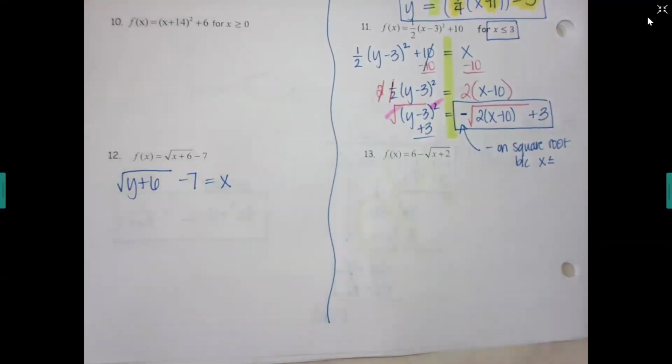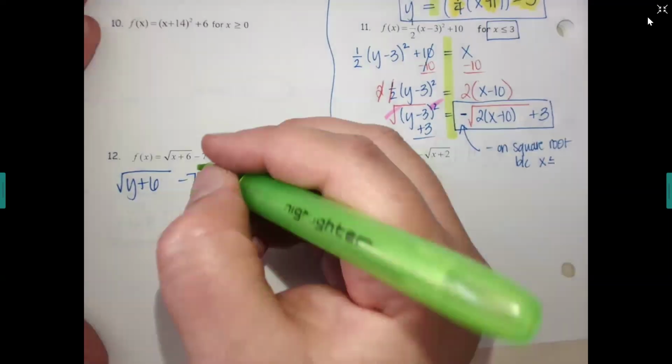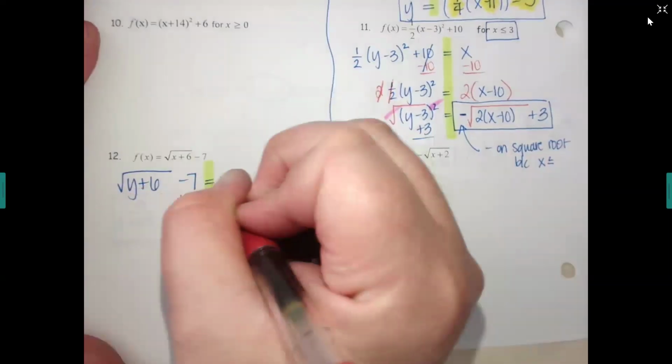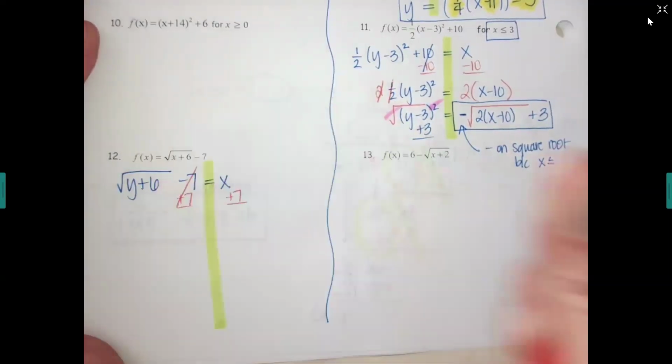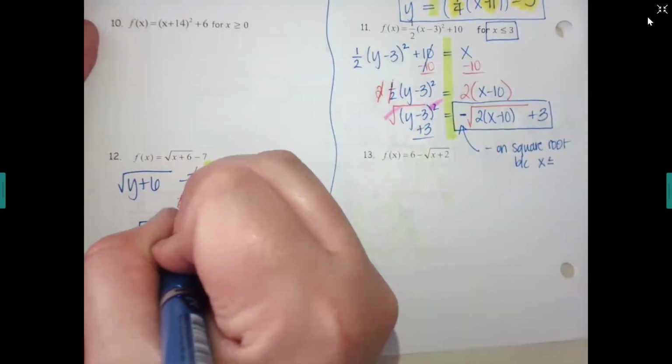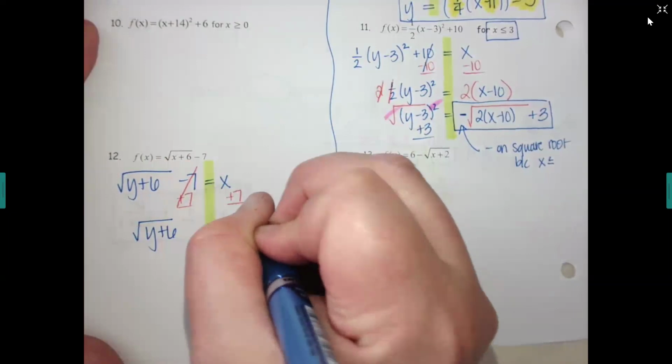What's the first number that we're getting rid of? Minus 7, and we're going to do it with a plus 7. So I have y plus 6, x plus 7.